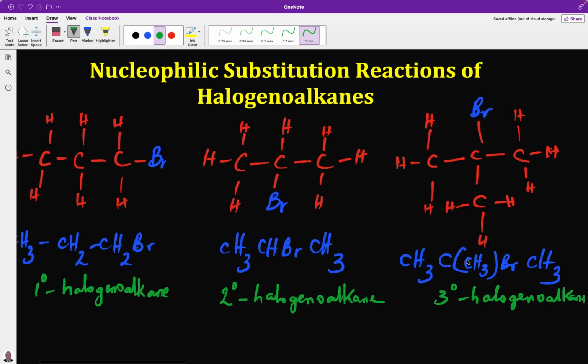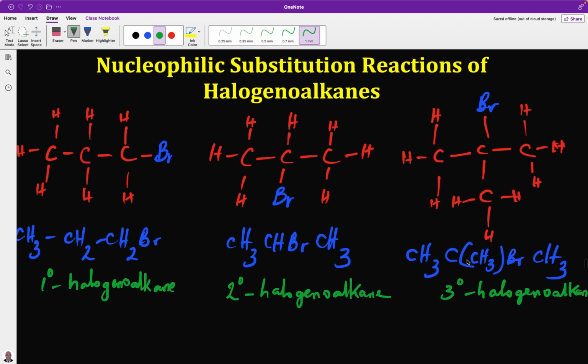The product and the mechanism of the nucleophilic substitution will depend on the structure of the halogenoalkane.